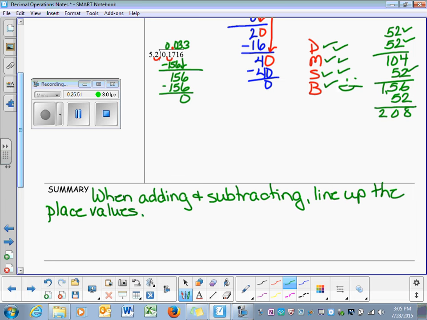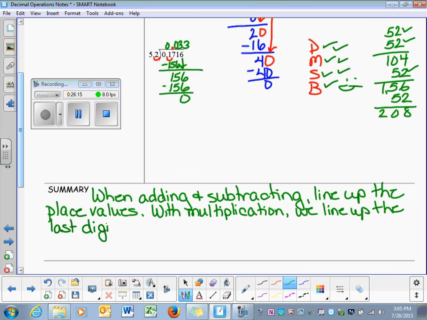With multiplication, we line up the last digit and put the decimal in the answer at the end.